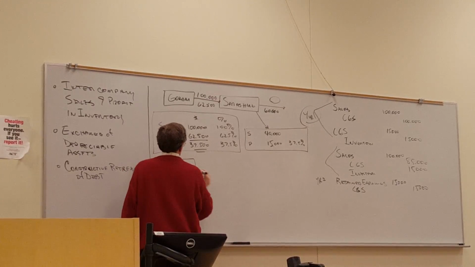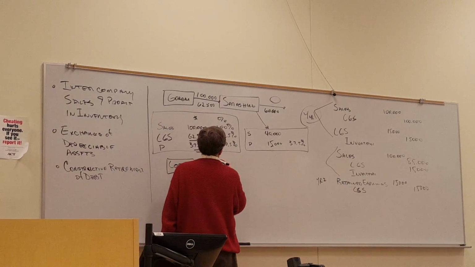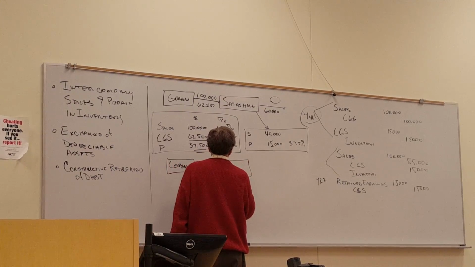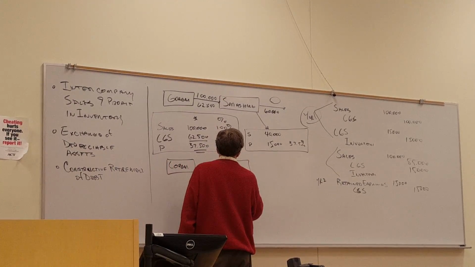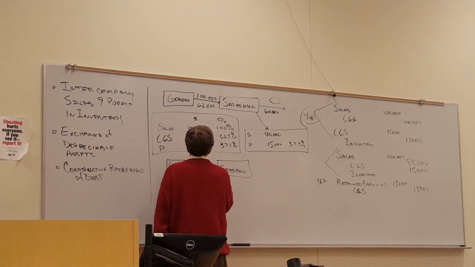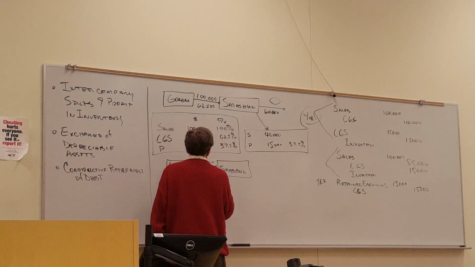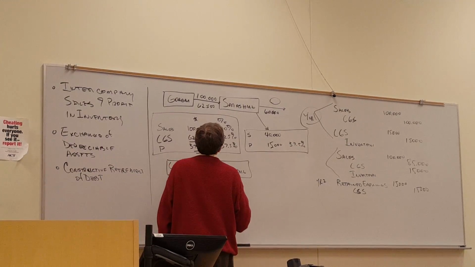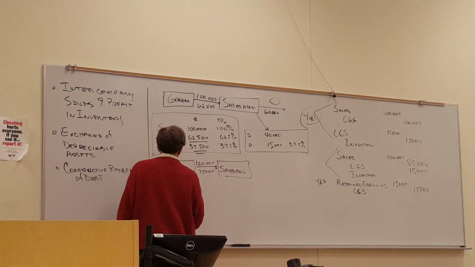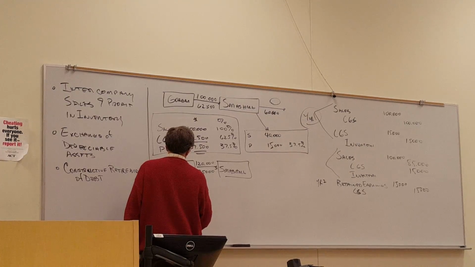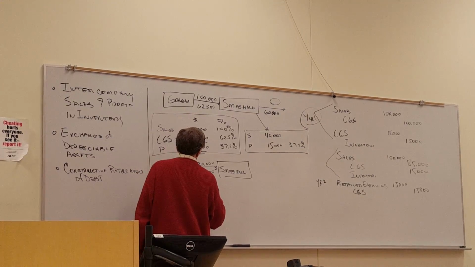Now, on the second year, Oregon sells to Smashing. They sell $120,000. It has a cost of $75,000. If we look at the sales, we have $120,000.